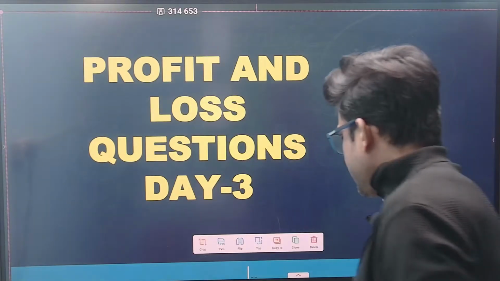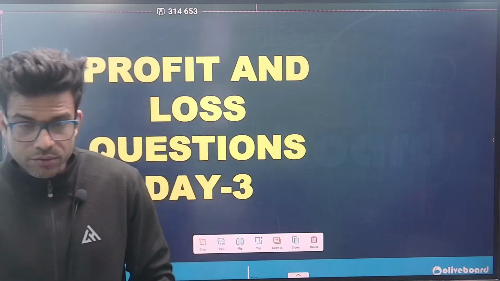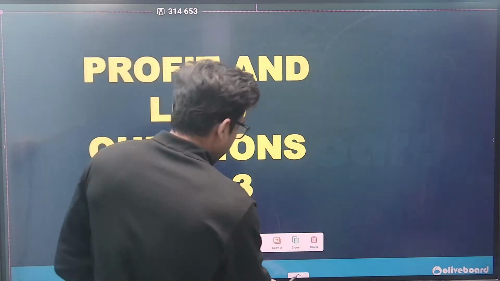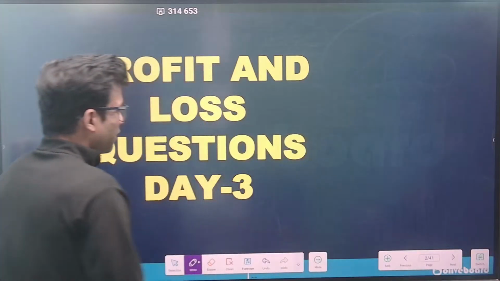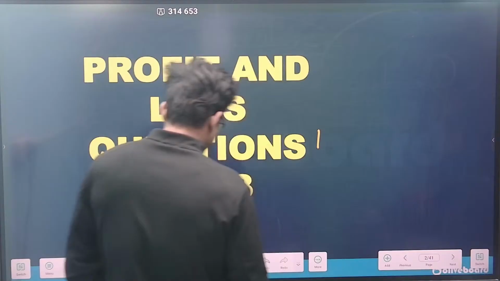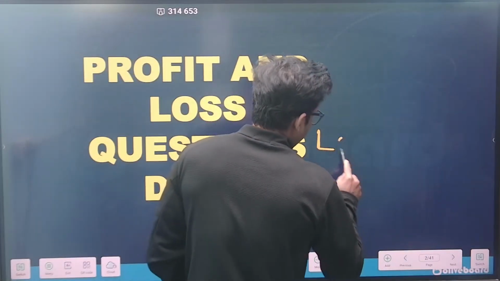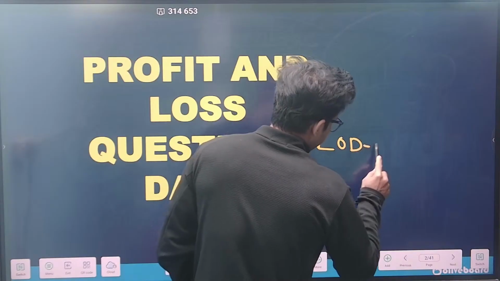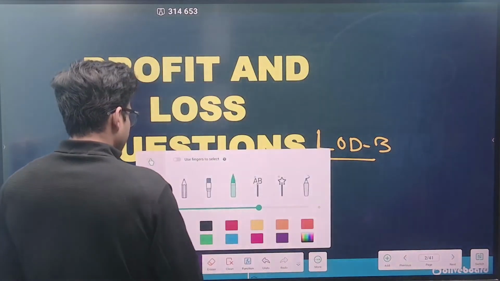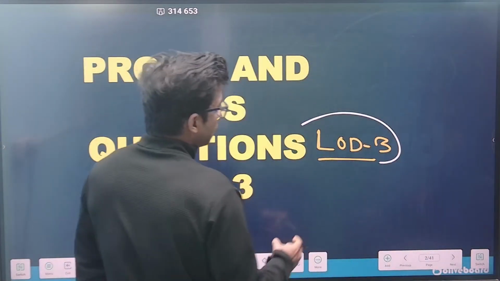So this is the third class of profit and loss. We did 20 questions in the previous class. Today I would be solving the third part. This is a bit of a tough level, because here I would be discussing LOD3 questions of profit and loss, and then tomorrow I will be solving discount and dishonest.